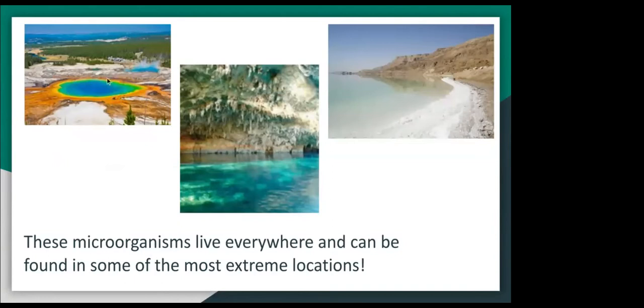And nothing else can live in this. This can get up to a temperature of 113 degrees Celsius, which would kill pretty much everything else. I mean, that's above boiling point. But archaea can survive in there, and there are certain species that would thrive in that.